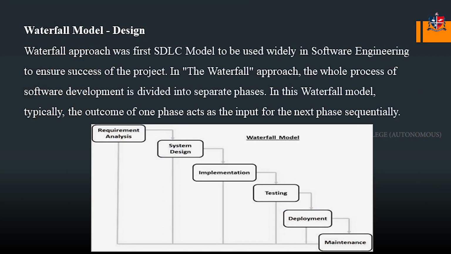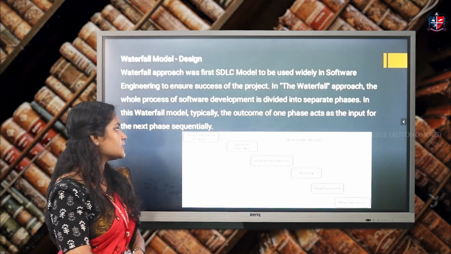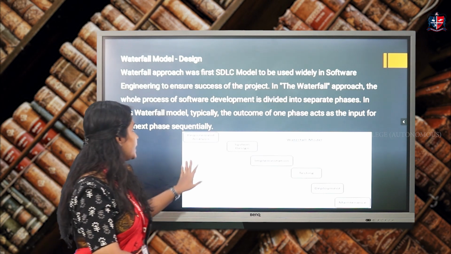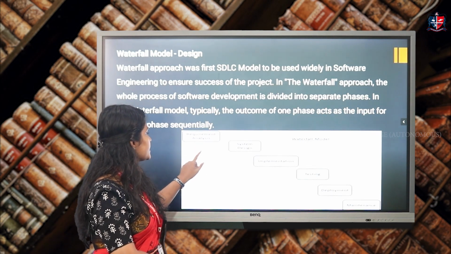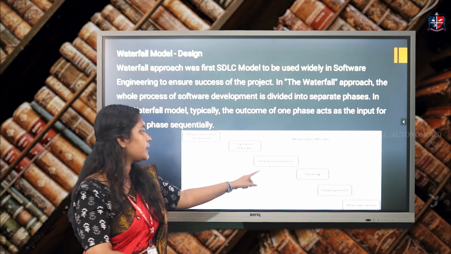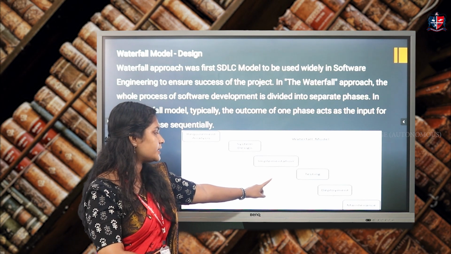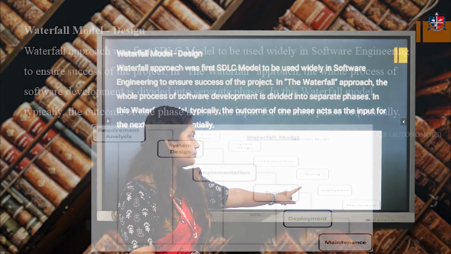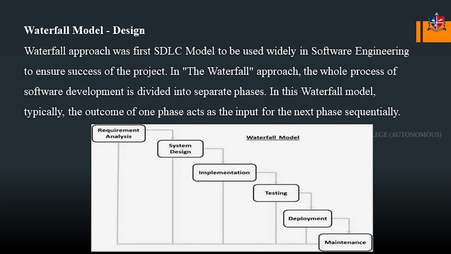In this waterfall model, typically the outcome of one phase acts as an input for the next phase. That means the output of requirement analysis will act as an input of system design, and the output of system design will act as an input of implementation, and the implementation output acts as an input of the testing phase, and the testing phase output will act as an input of the deployment phase, and the deployment output will act as the input of the last phase, maintenance.